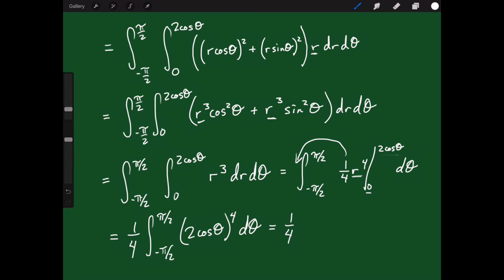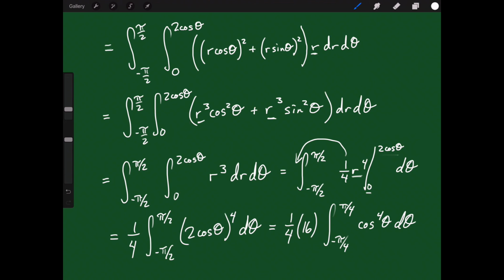Now, if I take 2 to the 4th, I get 16. That 16 can come outside of the integral. And then I'm left with an integral of negative pi over 4 to pi over 4 of cosine to the 4th of theta d theta.